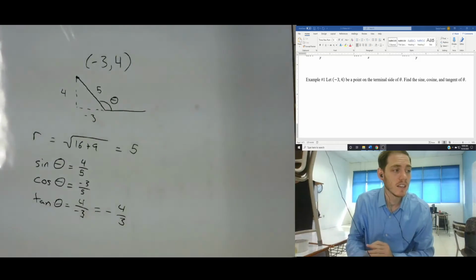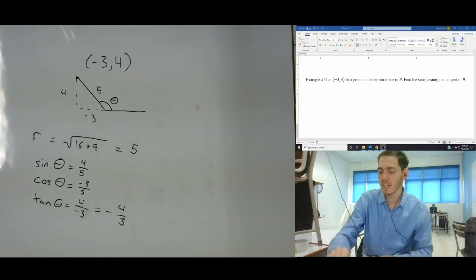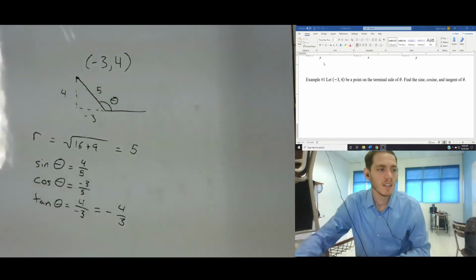Those are our 3 values. If you have any questions, feel free to ask me during class how we do some of this. But let's continue on.